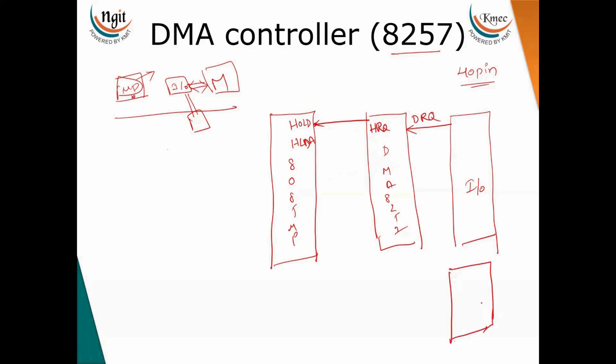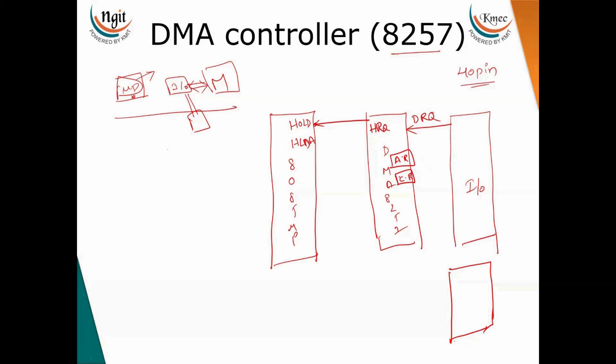So in response to this hold request, the processor will load the address in the address register, and in the count register it will load how many words should be transferred.